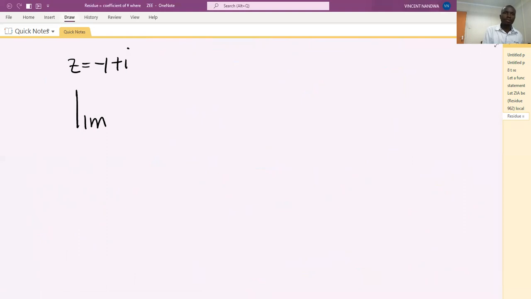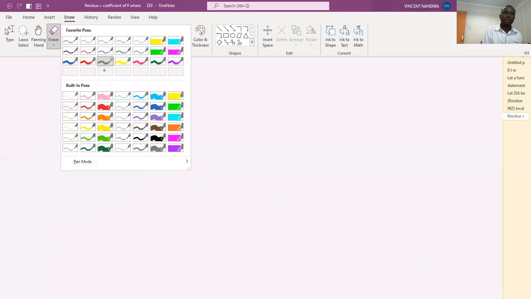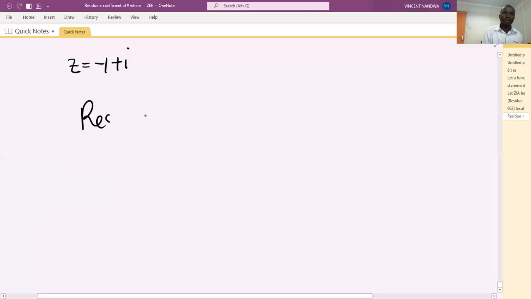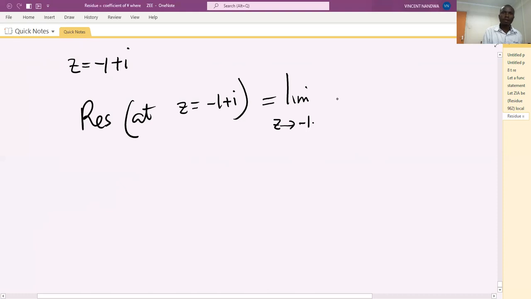So residue at z equals minus 1 plus i will be given by limit as z approaches minus 1 plus i of z minus minus 1 plus i, you multiply by f of z.